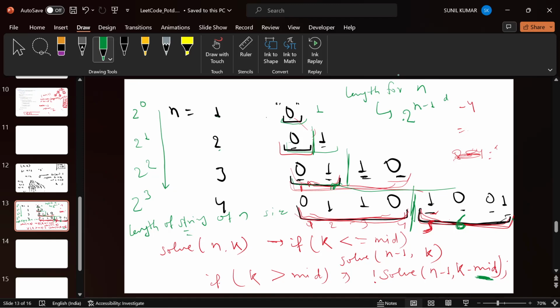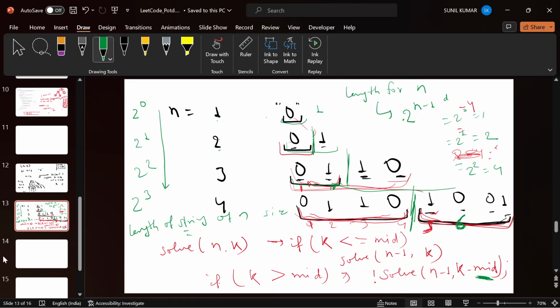There you go. For n equals 1, what will be the length? 2 to the power 0, that is 1. For n equals 2, 2 to the power n minus 1, 2 minus 1, that is 1, the length is 2. For n equals 3, 3 minus 1 is 2, so the length is 4, and so on.